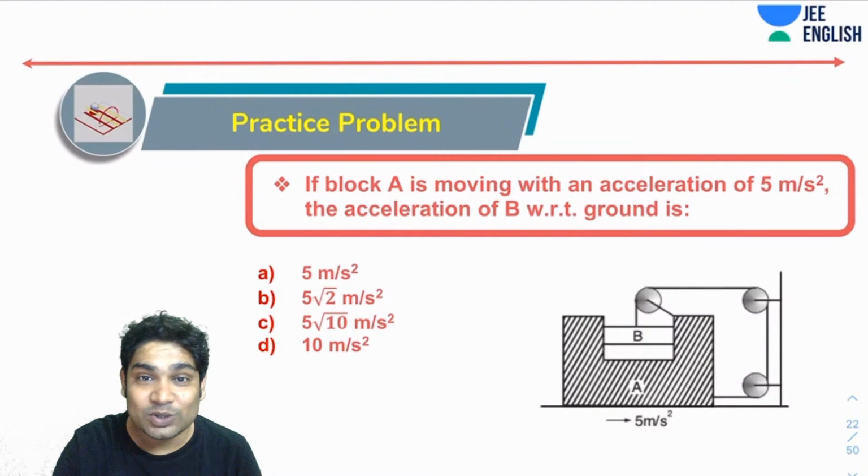Is there anyone else who's trying? Let's see some more people try this, and then I'll tell you the answer. Where is Sukhvinesh? What happened to him? Where has he disappeared suddenly?